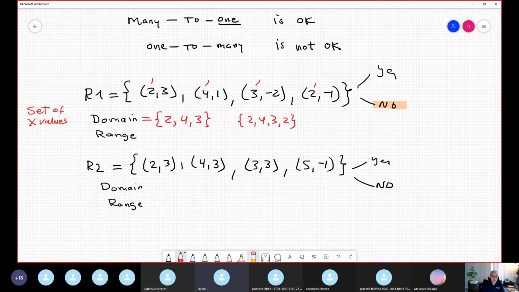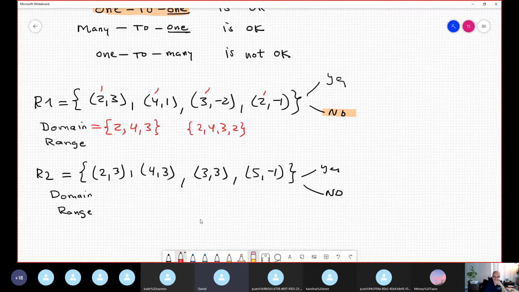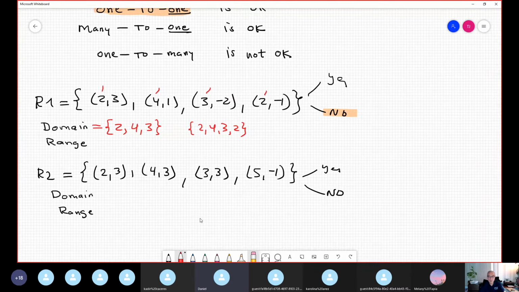No, because the set in mathematics has some important property. So the repetition in a set is totally irrelevant. So the set {2, 4, 3} is the same element.